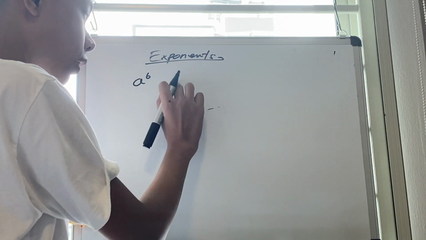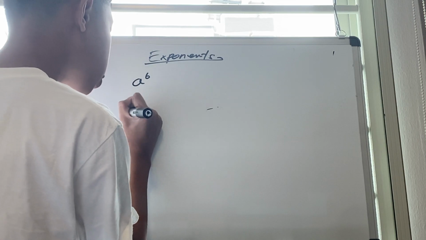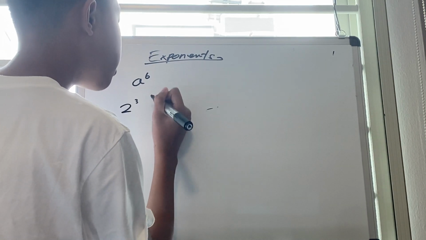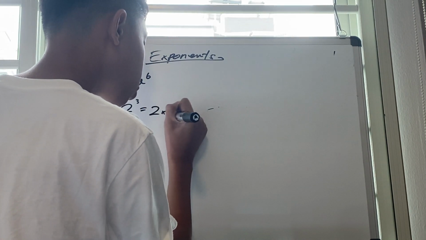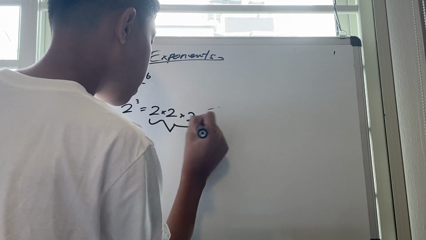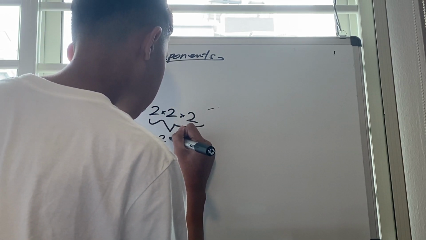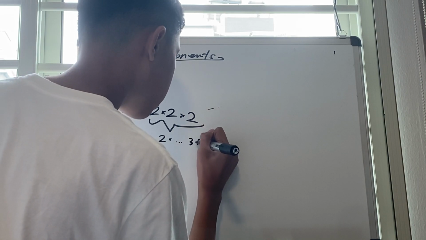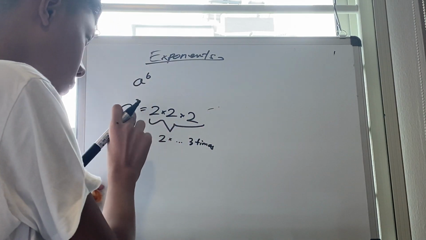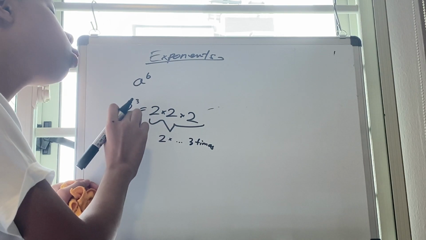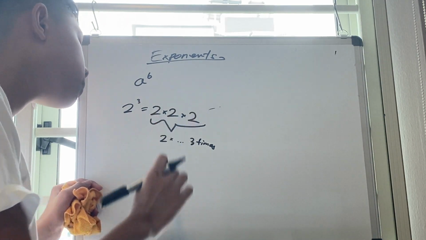You'll see something like this. For example, we have 2 power 3, which equals 2 times 2 times 2.